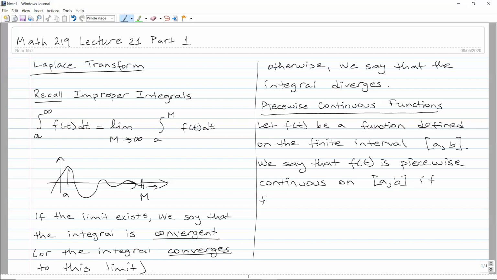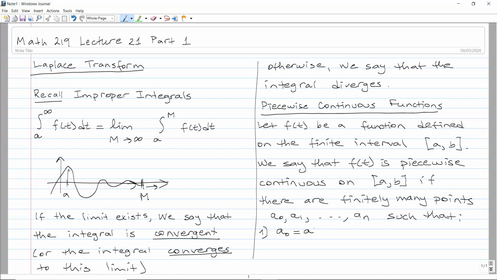So if there are finitely many points, say A0, A1, up to AN, such that first of all, the numbers must divide our interval.